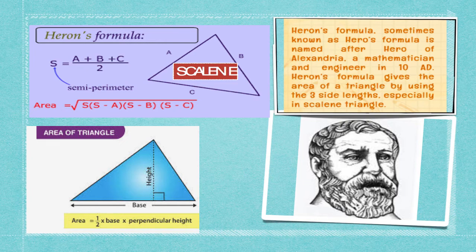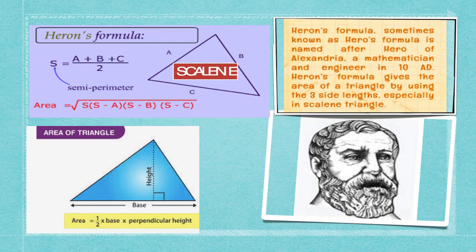You can directly substitute the values of three sides in the Heron's formula to find the area of the given triangle. So let's see what this Heron's formula is. Heron's formula says that area of a triangle is equal to under root of s multiplied by s minus a multiplied by s minus b multiplied by s minus c.